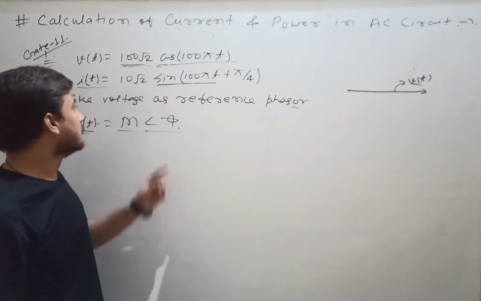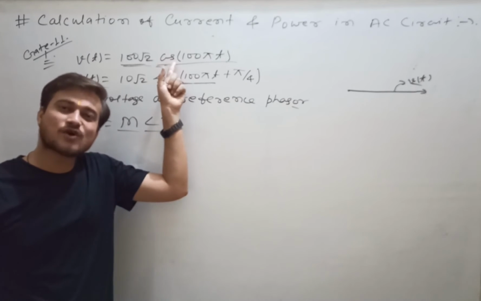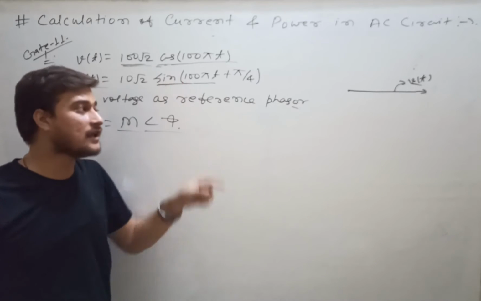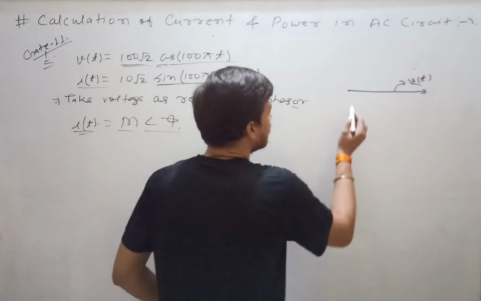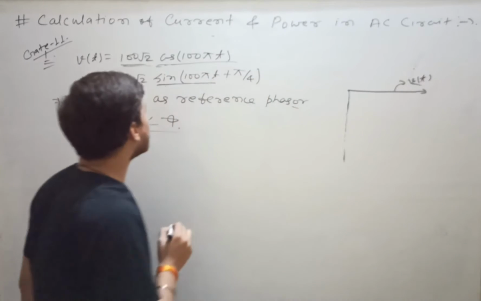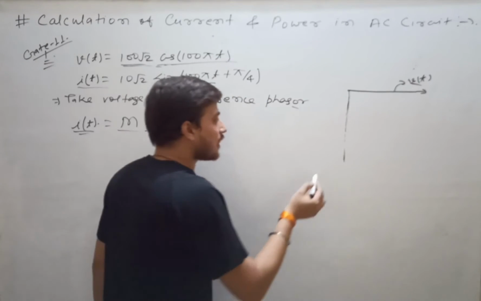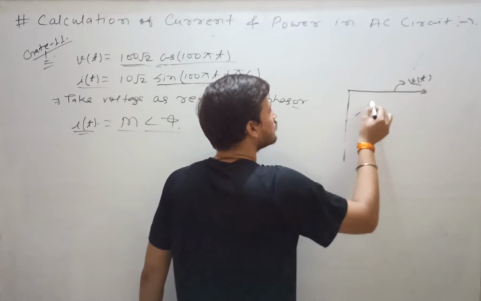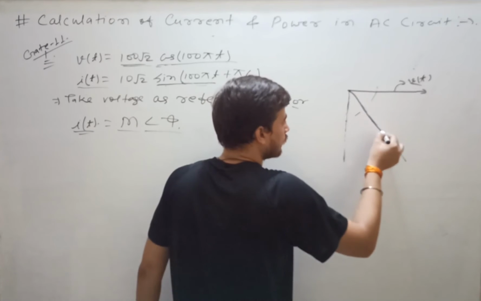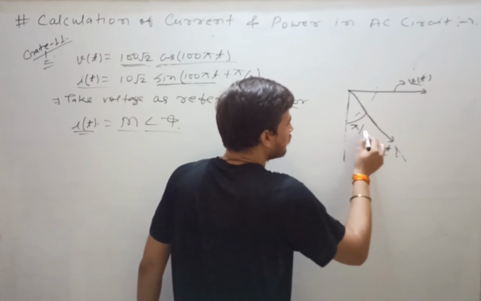It means this current is lagging the voltage by 90 degrees. Voltage is a cosine function and current is a sine function. That means it is lagging the voltage by 90 degrees. So here the current will be at this position. But it is given plus pi by 4, which means you will have to move anti-clockwise. So somewhere here you will get plus pi by 4. So this will be your current It. This angle is pi by 4, that means 45 degrees.